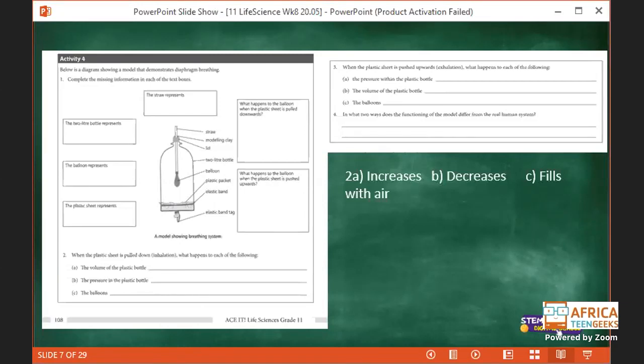All right. Good, guys. Question 3, when the plastic sheet is pulled upwards, and this is a process of exhalation, what happens to each of the following? The pressure within the plastic bottle, the volume of the plastic bottle, and the balloon. Please send through your answers, guys, or alternatively, just raise your hand so we can unmute your mic and you can give the answer.